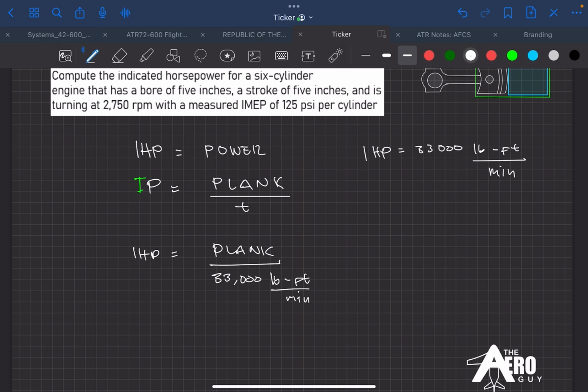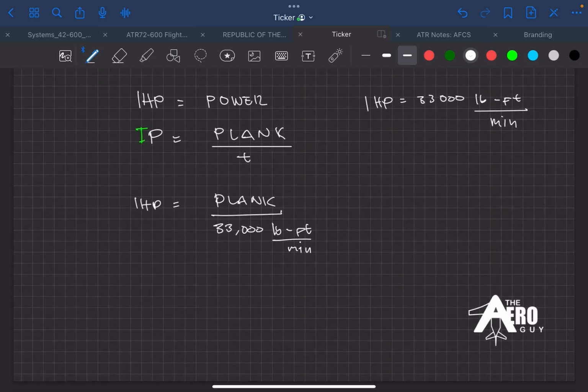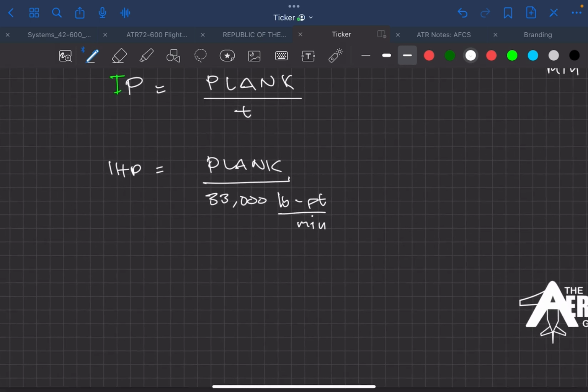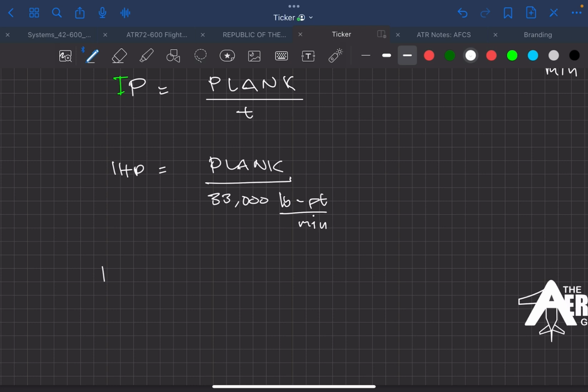This is just the shortcut formula. But if you break down the units, it's going to be PSI, pounds per square inch, length in terms of feet, area in terms of inches squared.